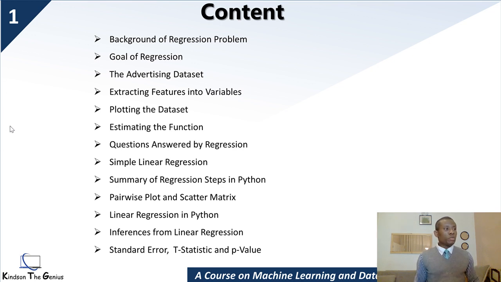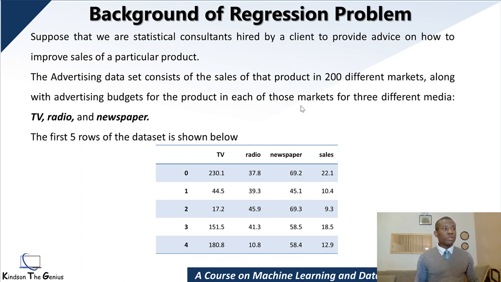So the first thing I'm going to do, I'm going to move to the next slide. So for now, suppose we are statistical consultants and we are hired to provide advice on how to improve sales on a particular product. So this company actually places adverts, let's say this is in thousands of dollars. It's a very big company.